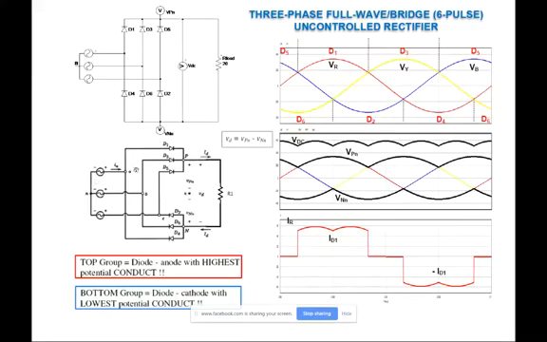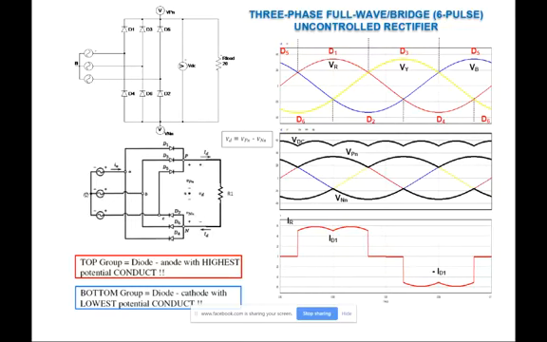Then we have capital P to denote the output of the top group, and capital N to denote the output of the bottom group. With respect to the small letter n, which is actually the neutral point.